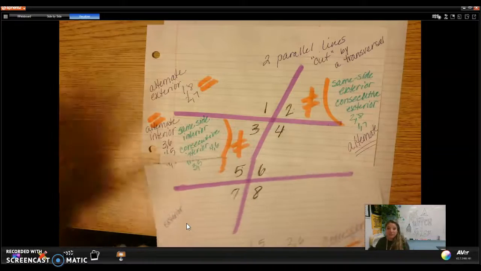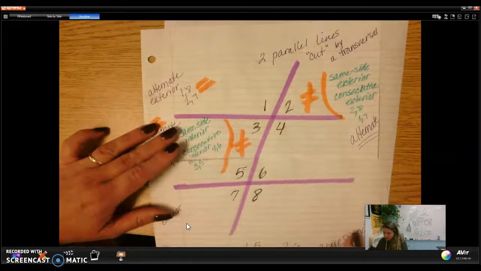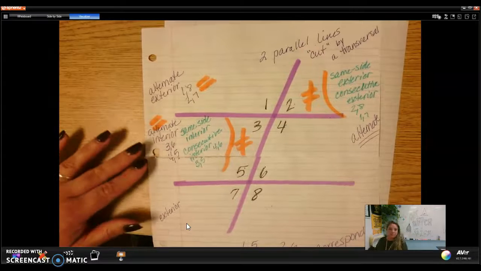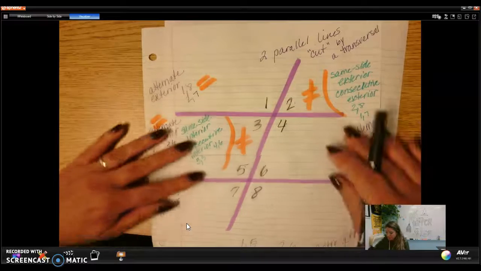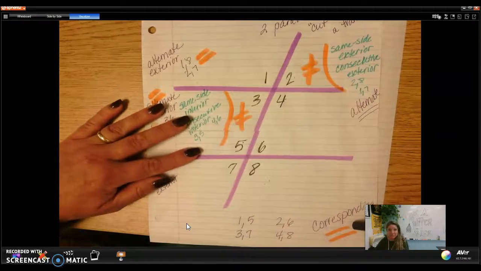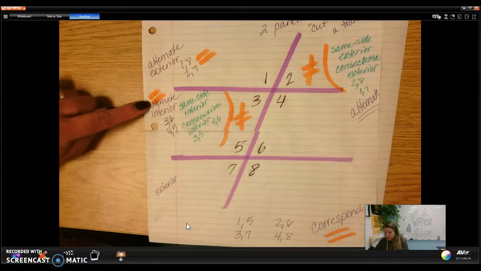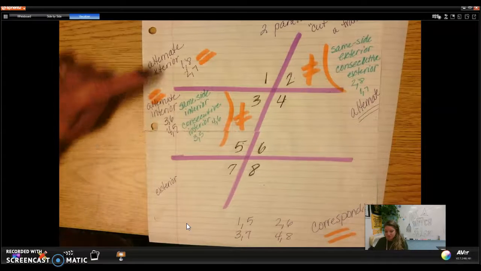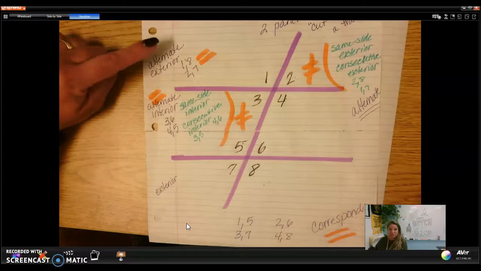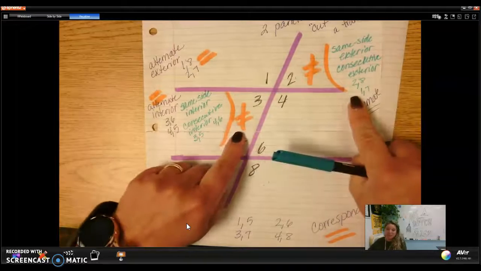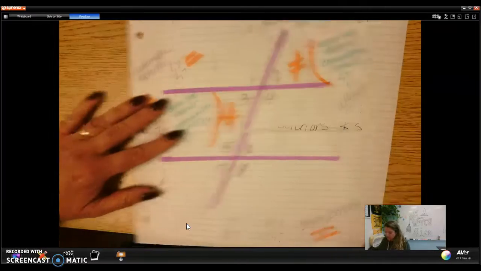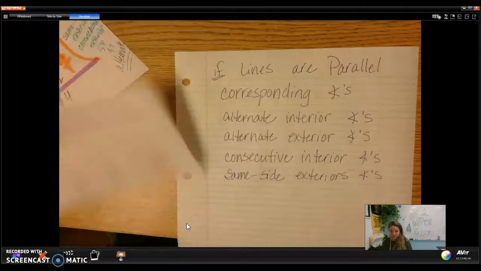All right, so I wrote this down for you. I took a little bit of notes on our ripped up sheet of paper, okay? But remember, corresponding angles turned out to be equal to each other. Alternate interior were equal, alternate exterior angles were equal, but the same side ones were not. So I put that in a nice little thing for you.